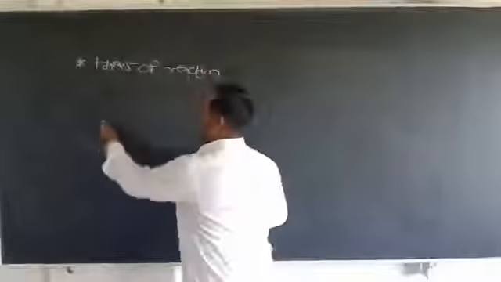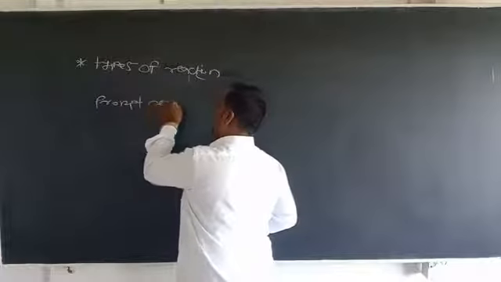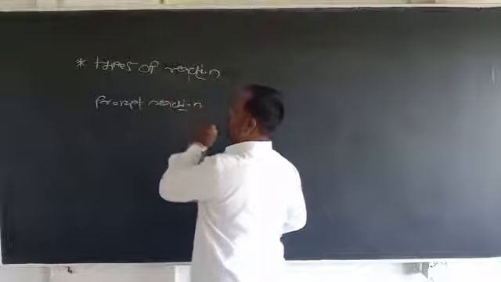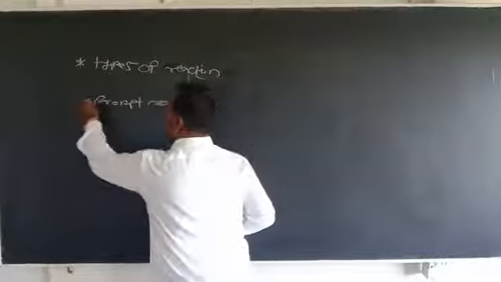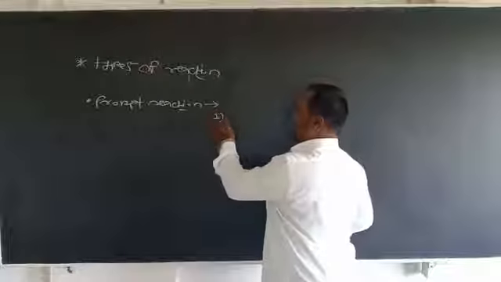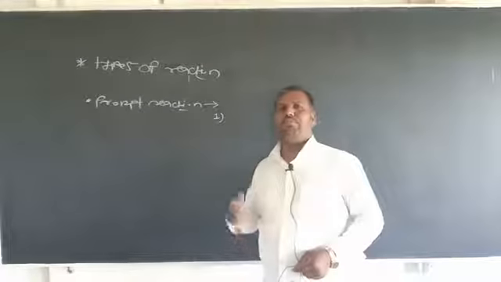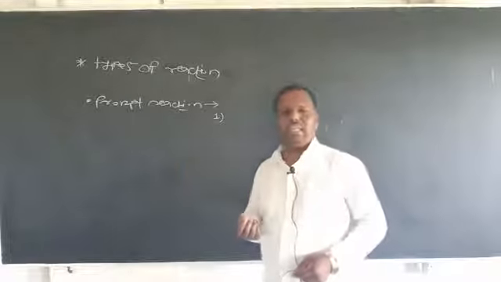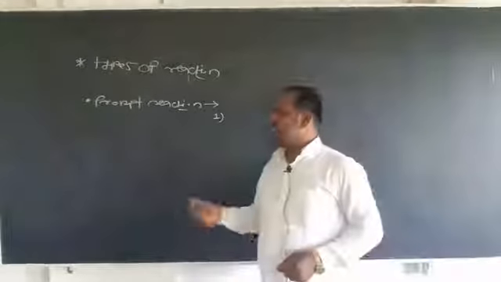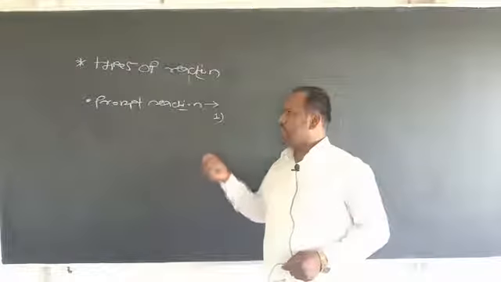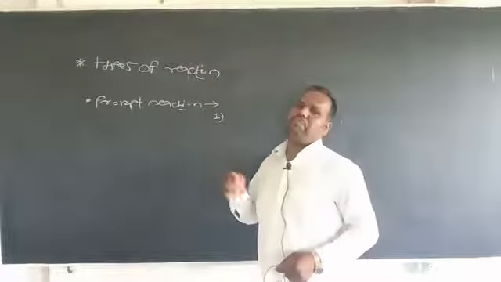Prompt reactions. So what are the characteristics of the prompt reactions? The first characteristic is that the excited state which is formed after absorption of light radiation dissociates immediately. Whatever excited state is obtained has a very short period of time, so it will dissociate immediately after its formation.